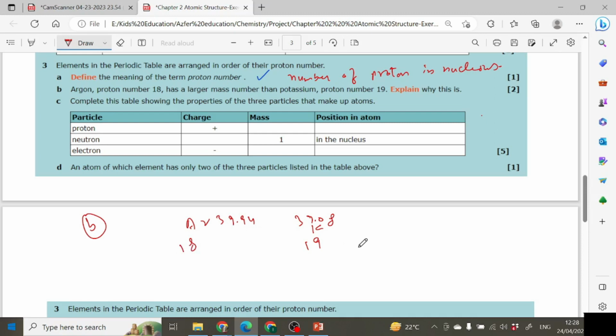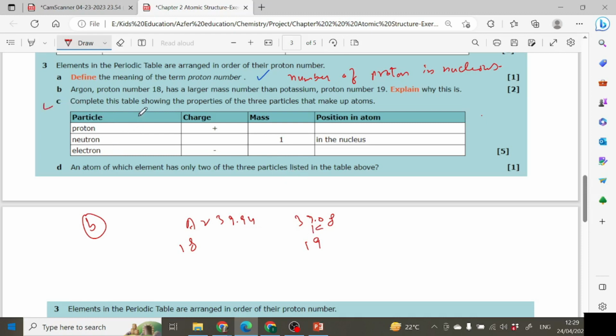The mass is the sum of protons plus neutrons, and so therefore they are completely independent, and there is no linear relation. Roughly the mass is double the proton number, or sometimes even less. But there is no relation between the proton number and the mass number. So both are completely independent.